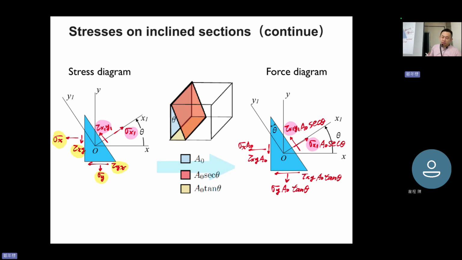And then, well, all we need to do is do the balance. Next step, balance.